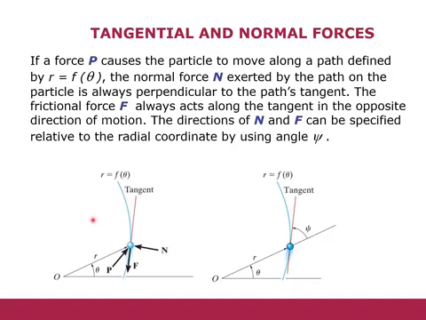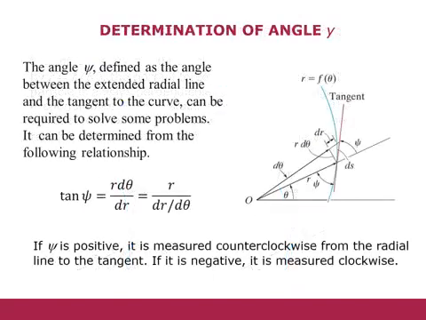So here we have to use this angle psi, which is the angle between the tangent line and the radial coordinate. So this psi can be defined as the angle between the extended radial line and the tangent line, right?